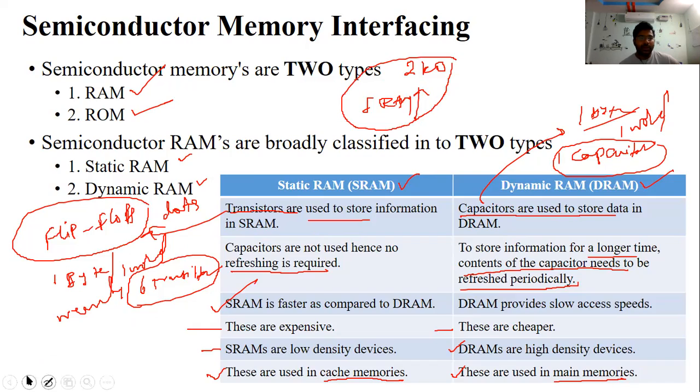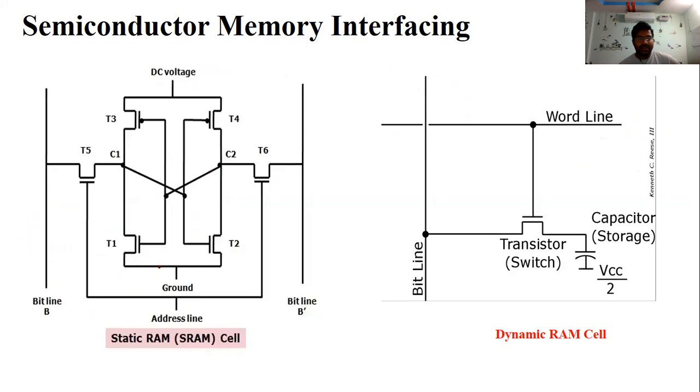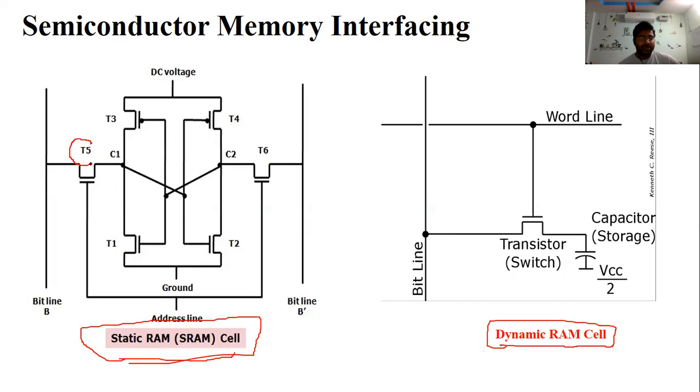Now see this. This is the structure of the static RAM cell, and this is the dynamic RAM cell. Why are we calling it a cell? Question is here. Before going to that, you can see this. This is one transistor, second, third, fourth, fifth, sixth.